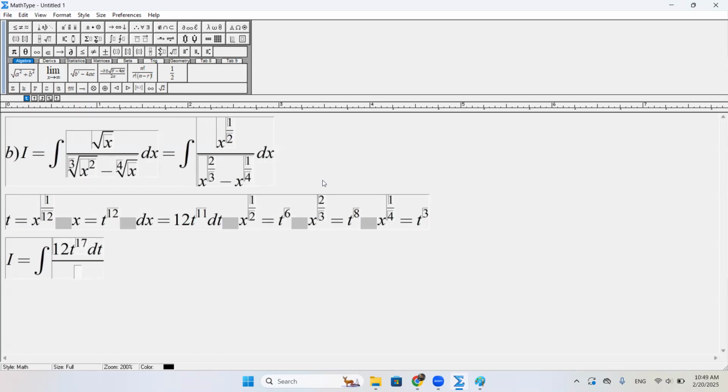And in the denominator, t in power of 8 minus t cubed. What can we do right now? We can cancel t cubed. So we can simplify the expression.